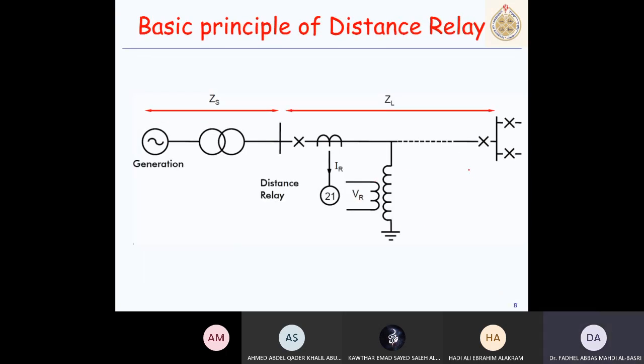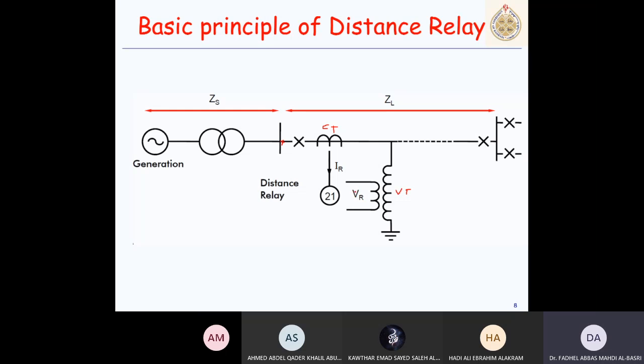Now, how is a distance relay applied? We need two inputs: one is the current from a CT, and the other is the voltage from a VT. Based on this voltage and current, I want to measure the impedance from the relay location to the fault point.